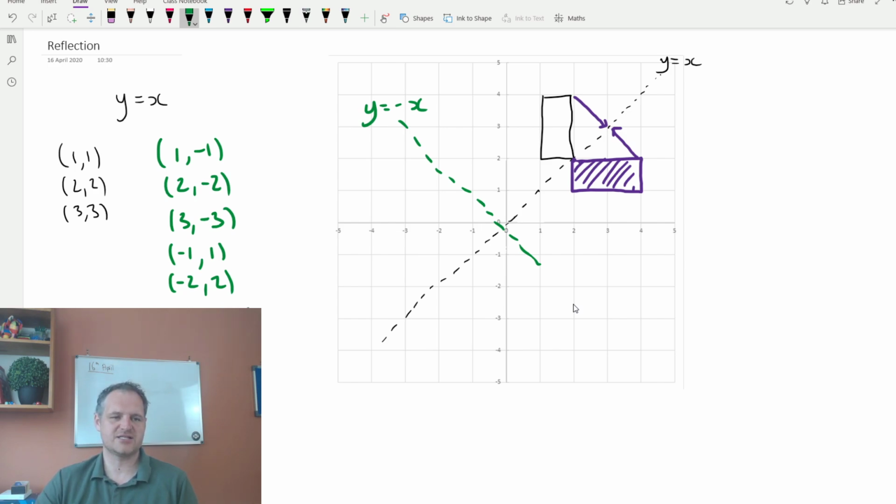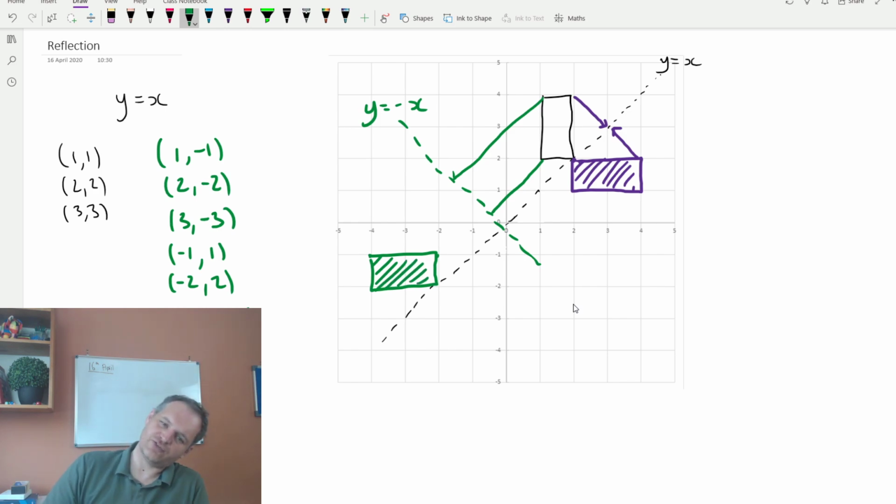The y is the minus version of x. Whatever the x is, y is the minus version of it. Then we would go, well, this is 1.5, so I go another 1.5. That's going to go to there. This is 2.5, so I'm going to go another 2.5 to there. This is where that one would go. And it's been reflected.